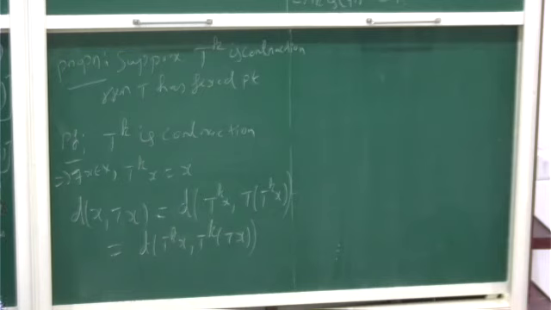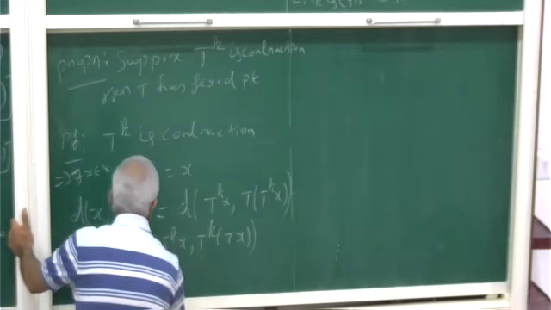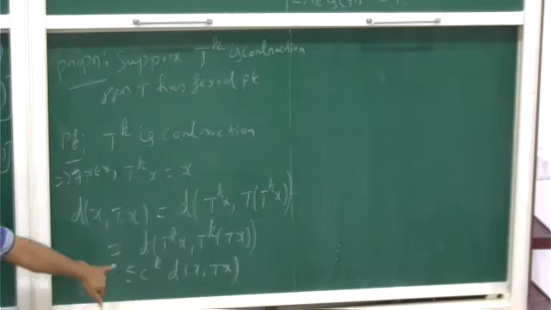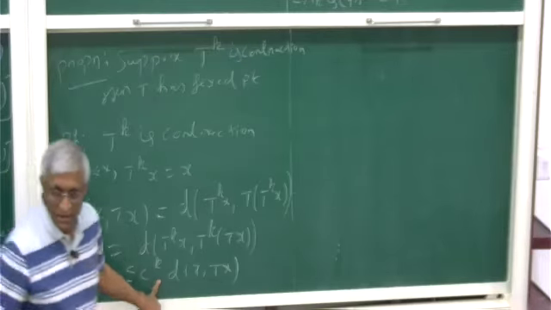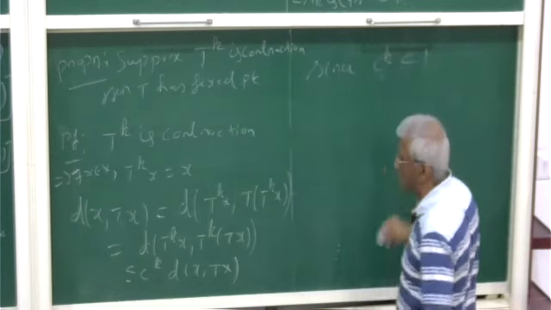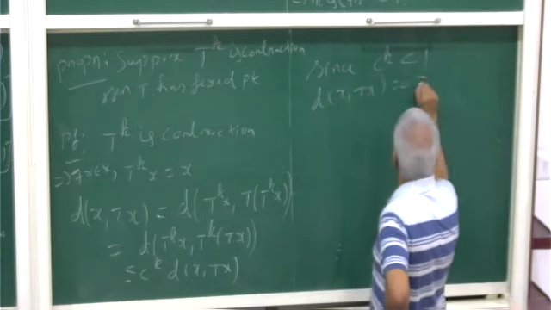Now this is less than or equal to c to the power k times d of x, Tx. Now c to the power k is less than 1. Since it is strictly less than 1, d of x, Tx equals 0.